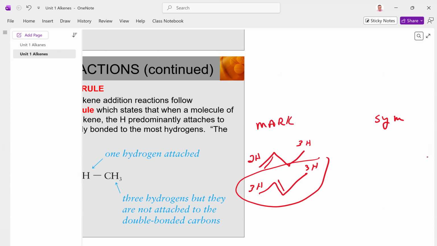So for symmetrical reasons, I go Mark, check, Sym, check. So those 2 reasons, the bottom one is more stable: symmetry and more terminal hydrogens. But whenever you get a mix, it means more than one product.